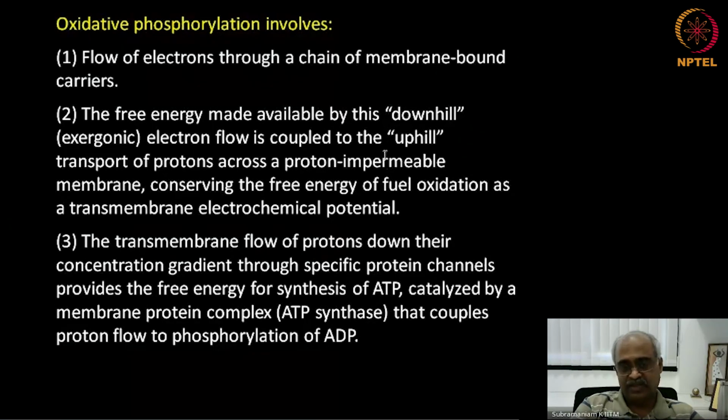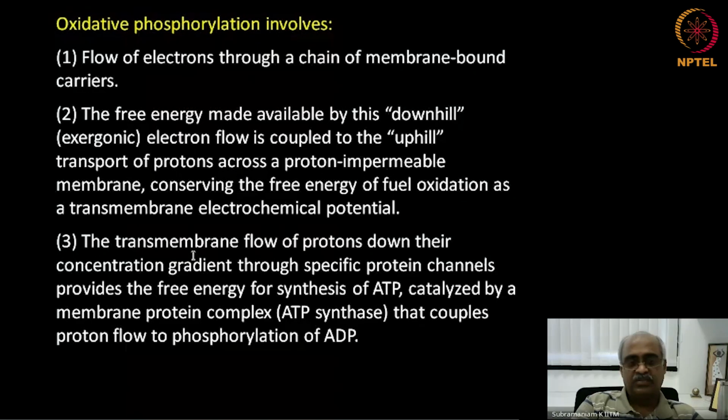And so this is coupled to the uphill transport of protons across the proton permeable membrane. This coupling is what those carriers do, the multi-protein complexes that we are going to see as electron transport complexes, conserving the free energy of this electron flow, that is fuel oxidation, into a transmembrane electrochemical potential. You have a charge gradient as well as gradient of a chemical species, in this case it being proton.